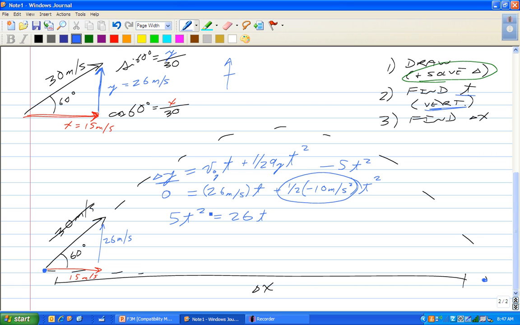Number one, it gets t's on both sides, and it gets rid of my negative. And why did I do that? Because what's the next step? Good. Divide each side by t, so that that one goes away, and I get 5t equals 26. All right? Therefore, t equals 5.2 seconds.